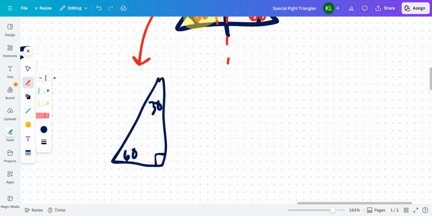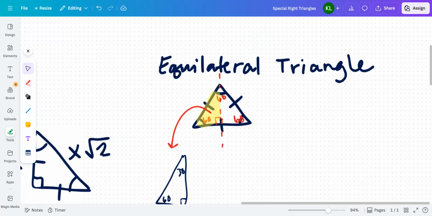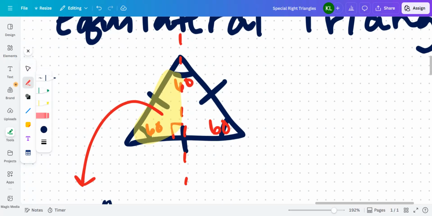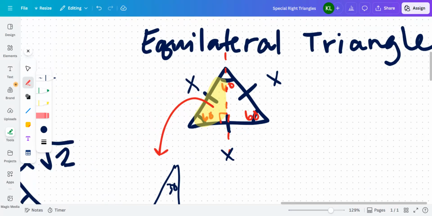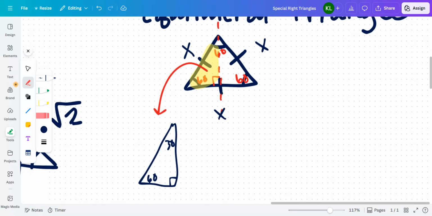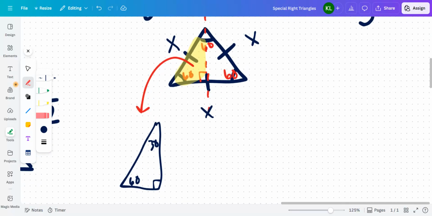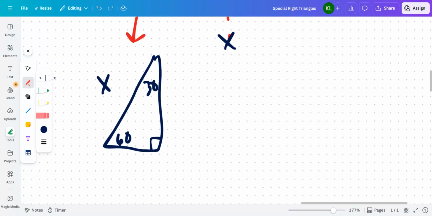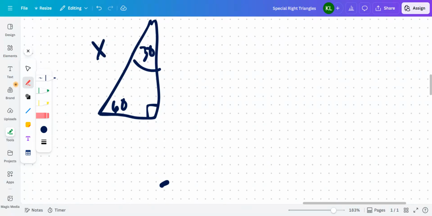Now, in an equilateral triangle, we know that all the side measures are the same. So we could say this side measures x, this side measures x, and this side measures x. And we can take that information and transpose it over here to label the side measures of this 30, 60, 90 triangle. This right here is going to be x, and then this base, the side straight across from that 30-degree angle, is going to be half of x.